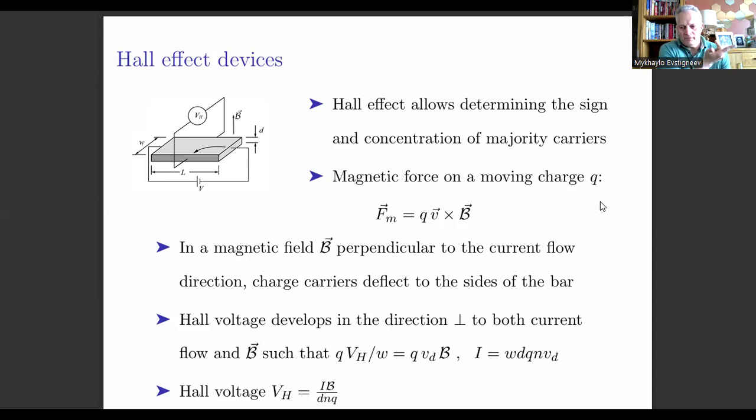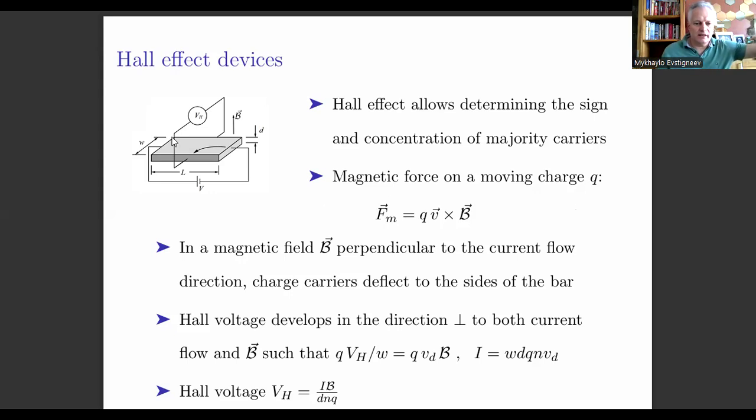And then the thumb shows the direction of the cross product, V cross B. But the force is the product of charge and this cross product V cross B. And the charge of the electron is negative. So the force on the electron will be pointing opposite to where the thumb of your right hand is pointing. That is, the force points out of the plane of the figure.